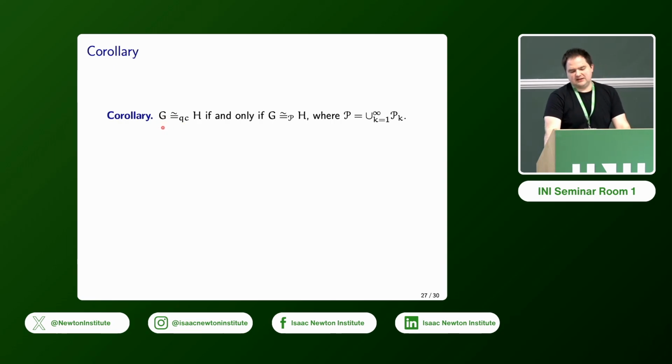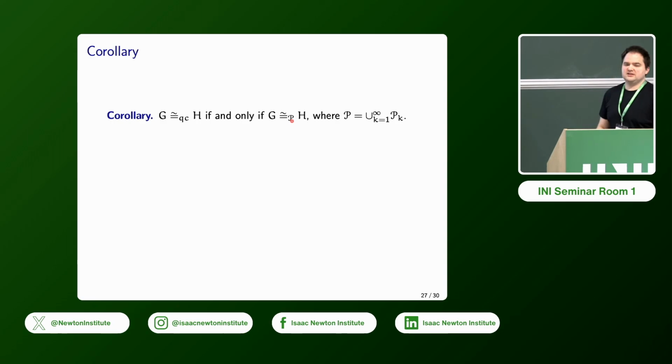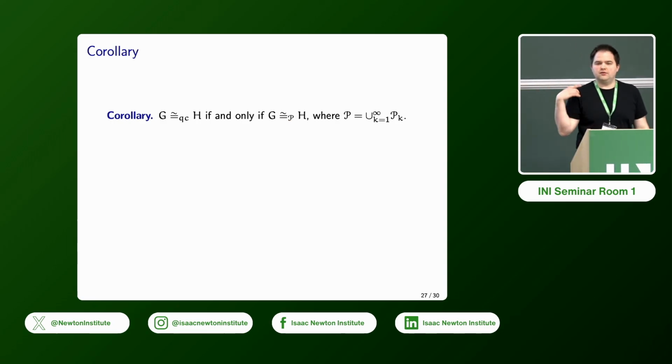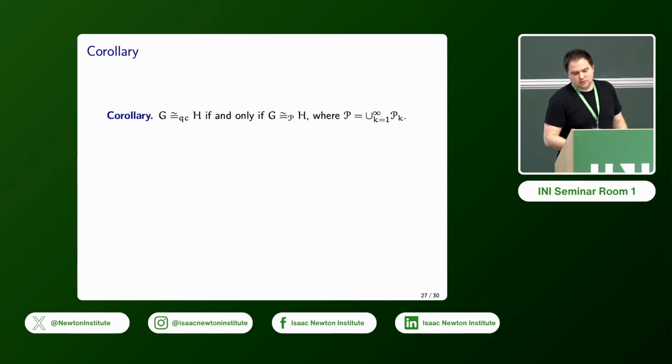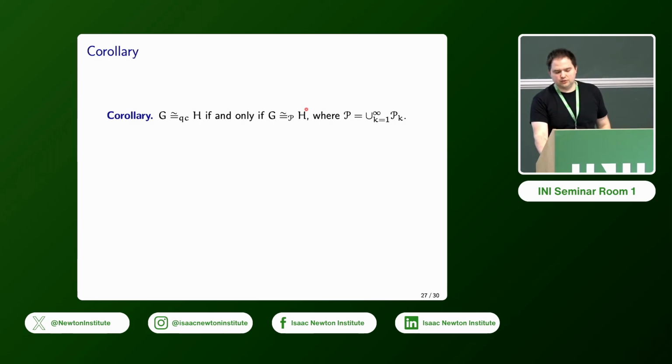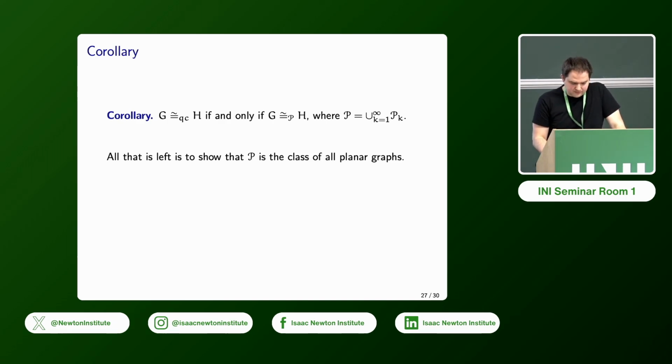We want to show that the two graphs are quantum isomorphic if and only if they are homomorphism indistinguishable over this class P, which is the union of all of those PK. To see that, we need to show that the union of all of those PK that we defined is actually the set of all planar graphs.